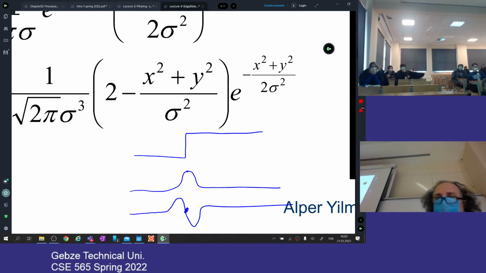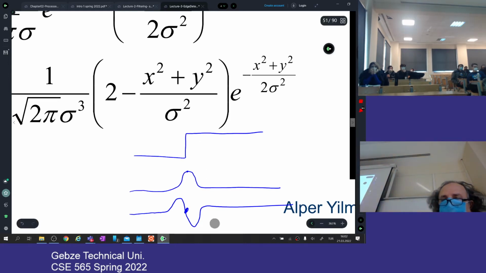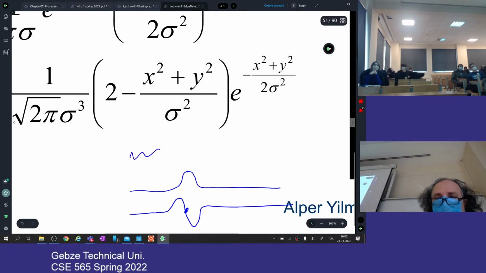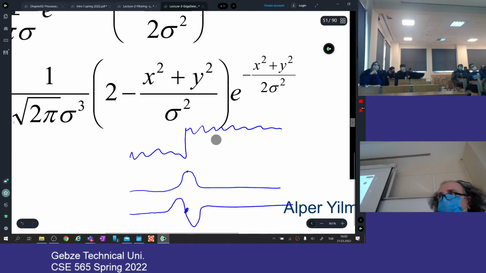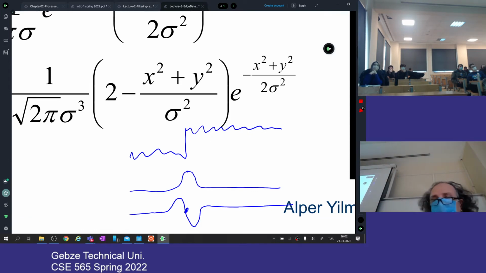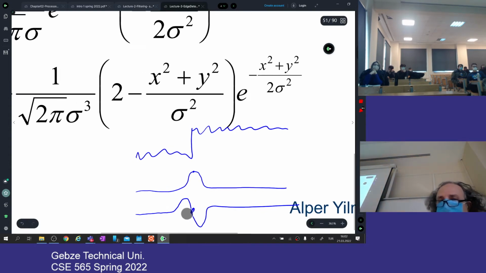So image, first derivative, second derivative, and your result. Here, if this is my original image with lots of noise, I like to apply a Gaussian filter first. After the Gaussian filter, first derivative, second derivative, and find the zero crossings.